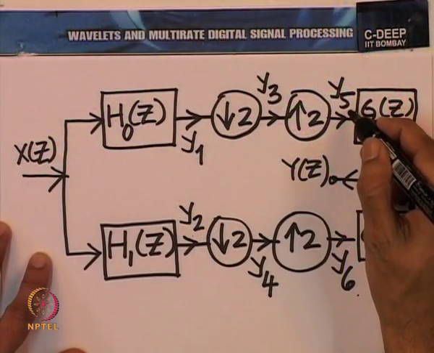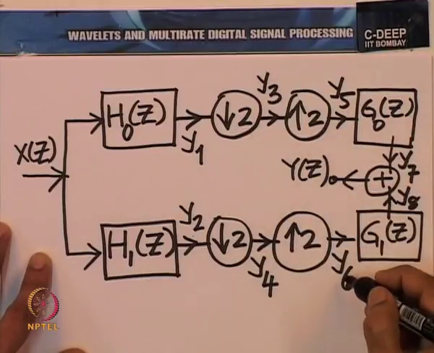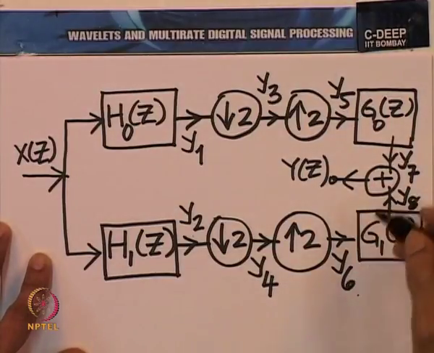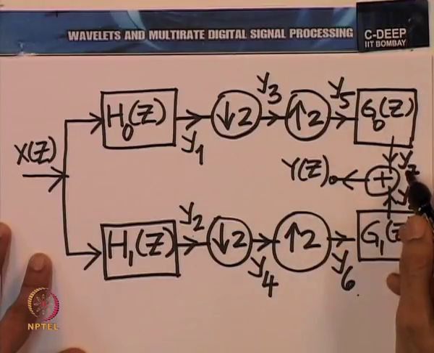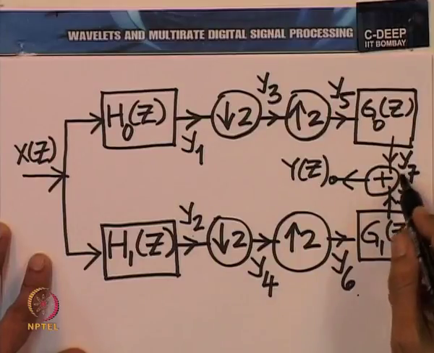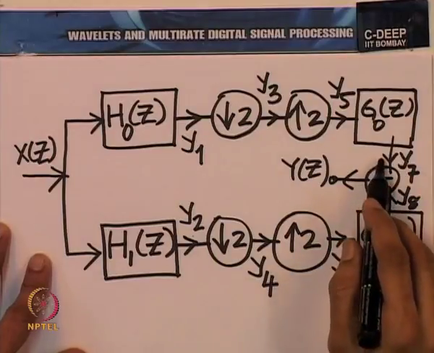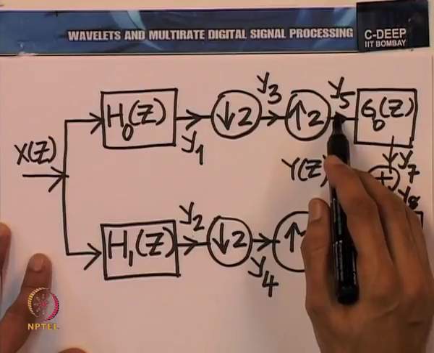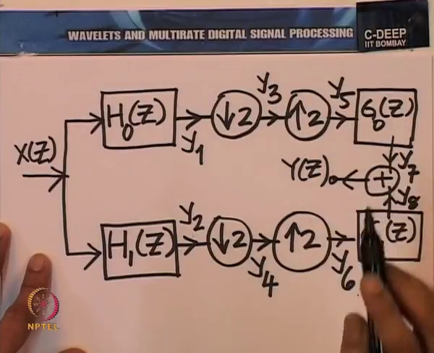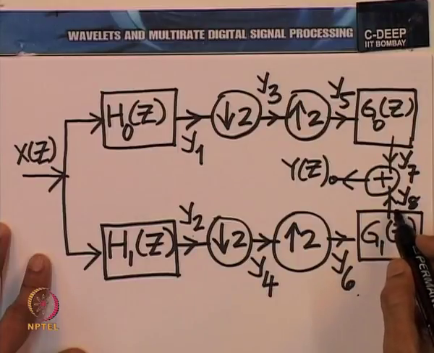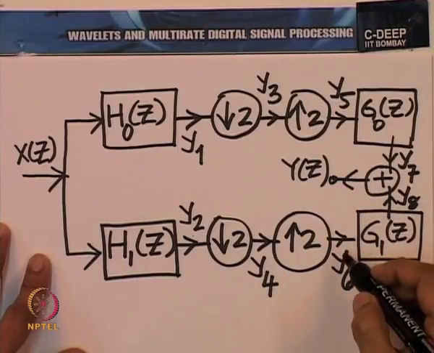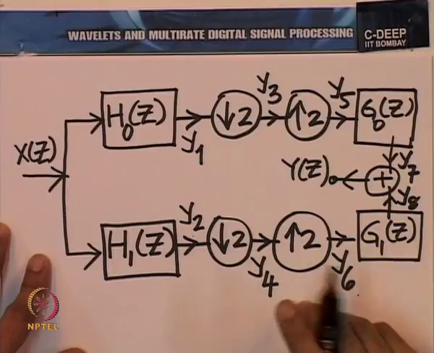We know what y5z is, we know what y6z is. y5z is acted upon by a filter with system function G0, and therefore, the Z transform at the output here after G0 is the Z transform of y5 multiplied by G0. Similarly, the Z transform at the output of G1 is y6z multiplied by G1z.